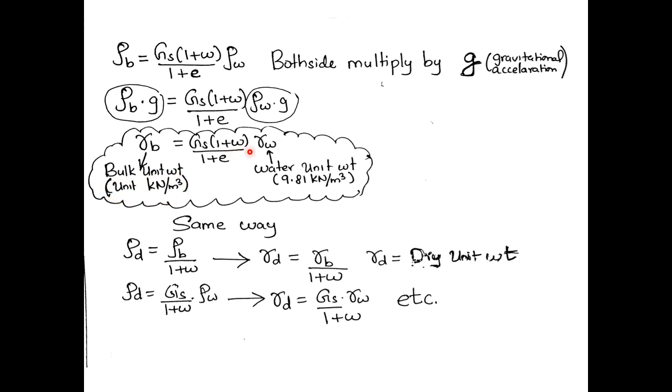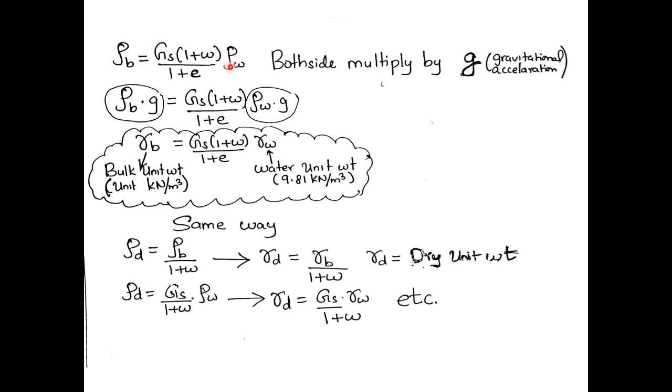Generally, this is the water unit weight, 9.81 kilonewton per meter cube or 9810 Newton per meter cube. Water unit weight is 9.81 kilonewton per meter cube, then gamma B is in kilonewton per meter cube.